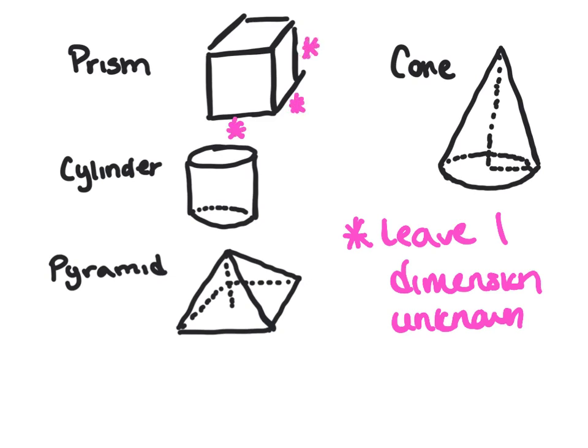You're leaving one of them unknown. For a cylinder, you have the radius and the height, leaving one unknown. For a pyramid, you have this dimension and this dimension, which for ours, these are usually the same, and our height. And for a cone, we have our radius and the height. And again, you get to choose whichever one you want to leave as an unknown.